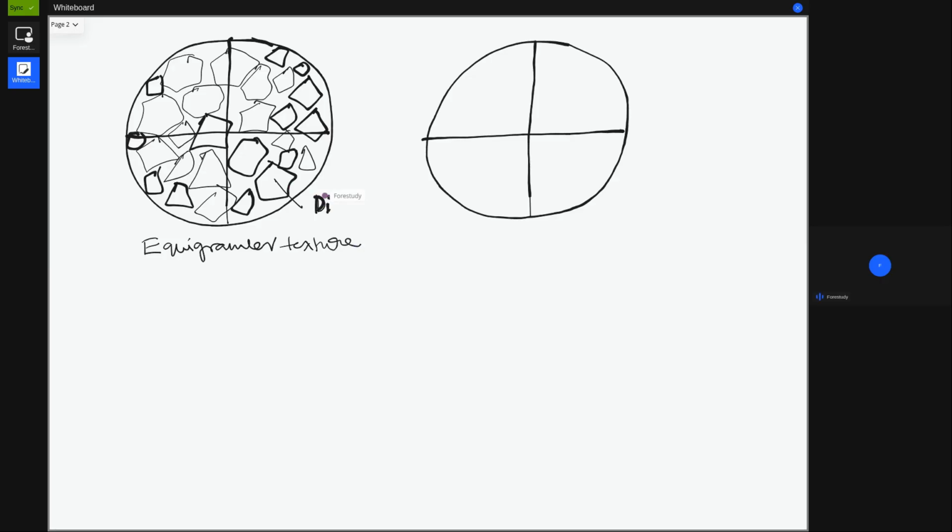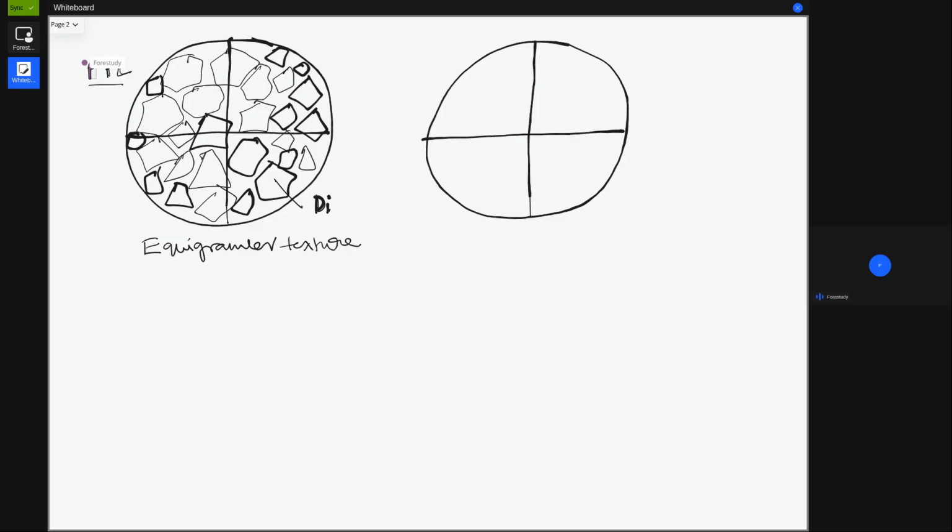If you are drawing this in your answer sheet, definitely write whether the figure is in CPL or XPL. I've drawn this as a PPL diagram, plain polarized light. If I had drawn this in crossed polars, I would have to draw all the cleavages present.